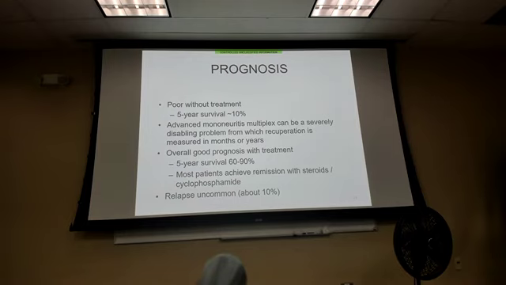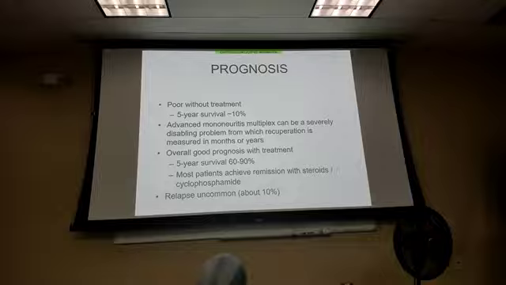Prognosis wise, this is poor without treatment. A 5-year survival is approximately 10%. Advanced mononeuritis multiplex can be a severely disabling problem from which recuperation is measured in months or years. Overall, good prognosis if we are treating that.